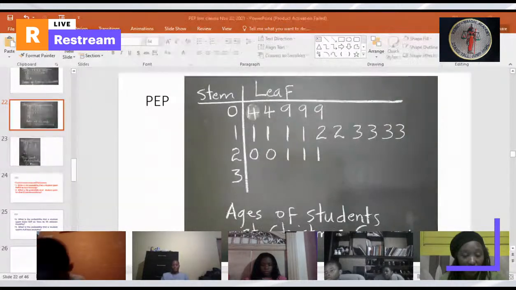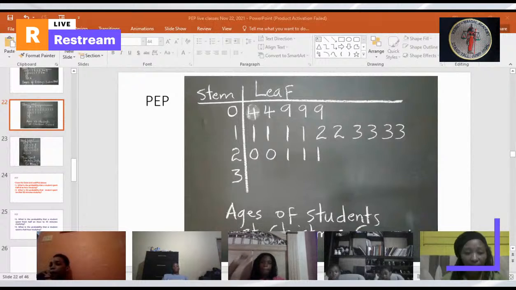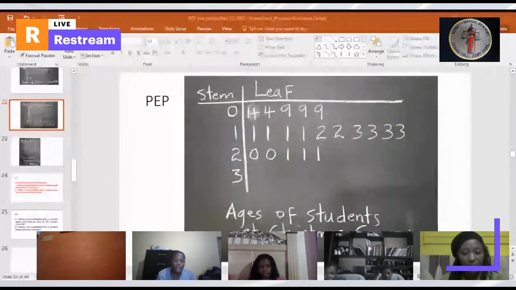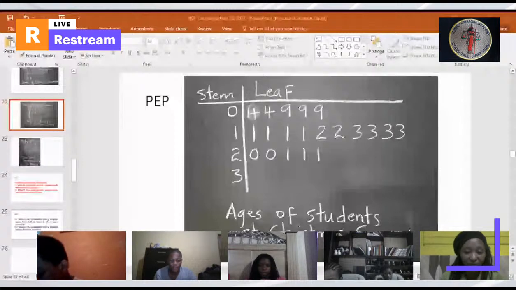So in this case, what is the frequency of the 13 and the 11? How often do we see them? Madison? Miss, we see them both 4 times. Not about 4 times, exactly 4 times.